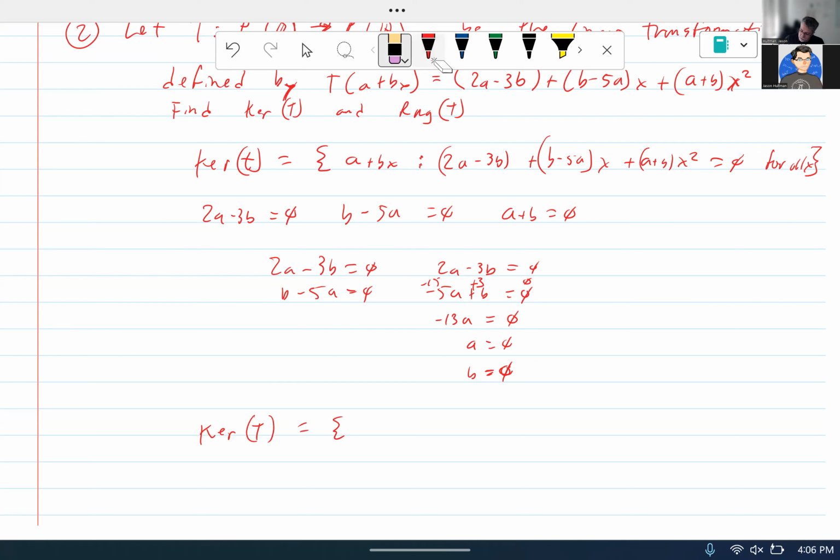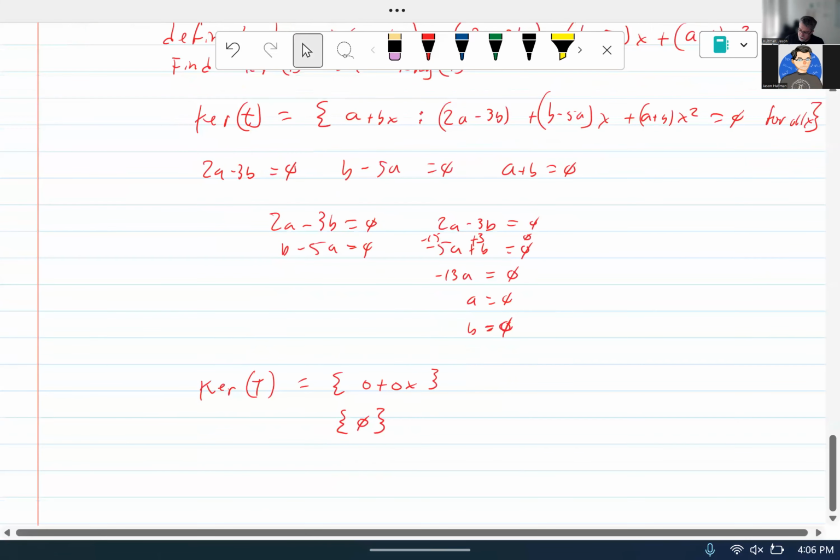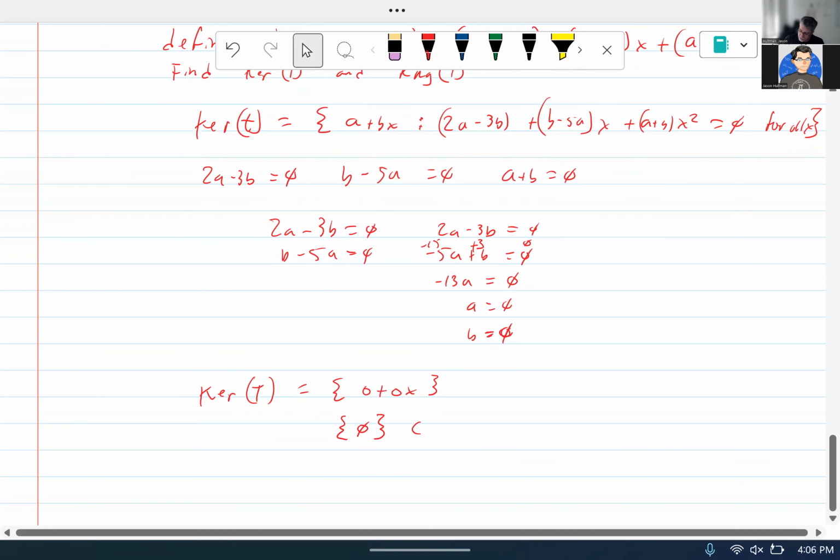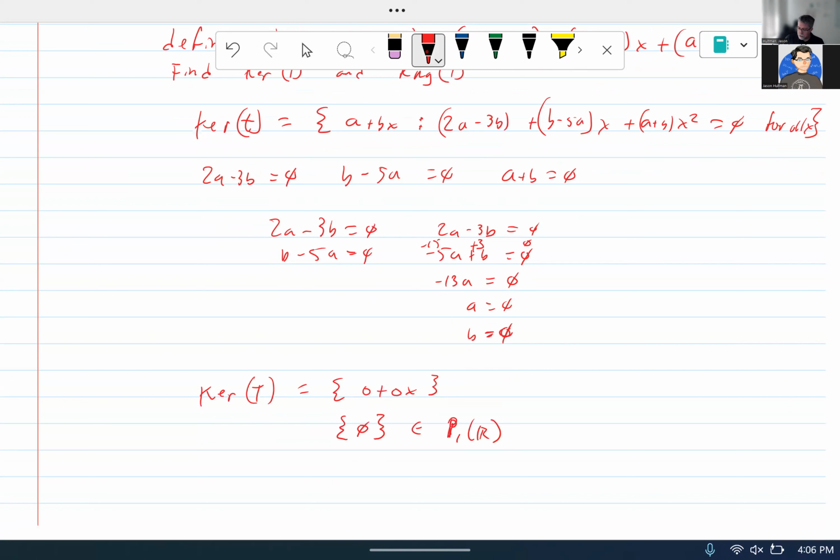So this is just going to be 0 plus 0X, and 0 plus 0X is just 0. So it's 0 in P1, which is an element of P1 of R. We could have 0 plus 0X if we really wanted to say this is an element of P1 of R, but basically it's 0. The only thing that's going to get me 0 is 0 here. The kernel of T is 0.